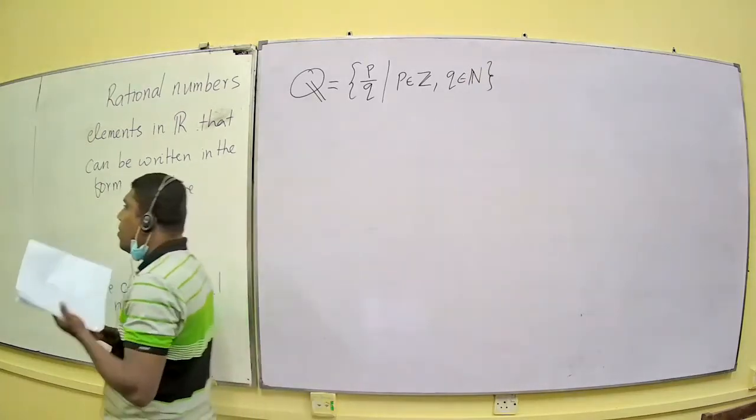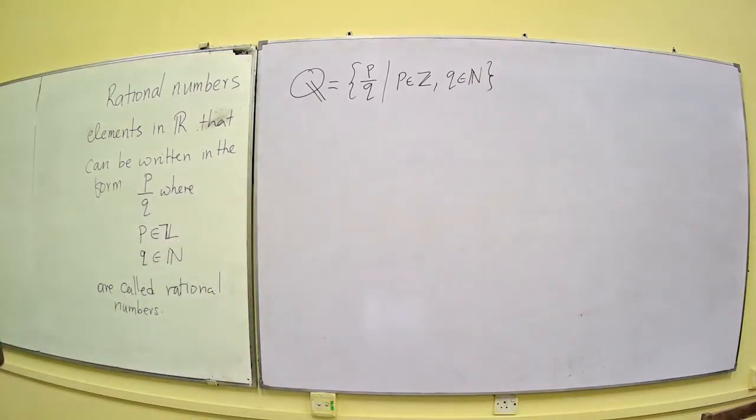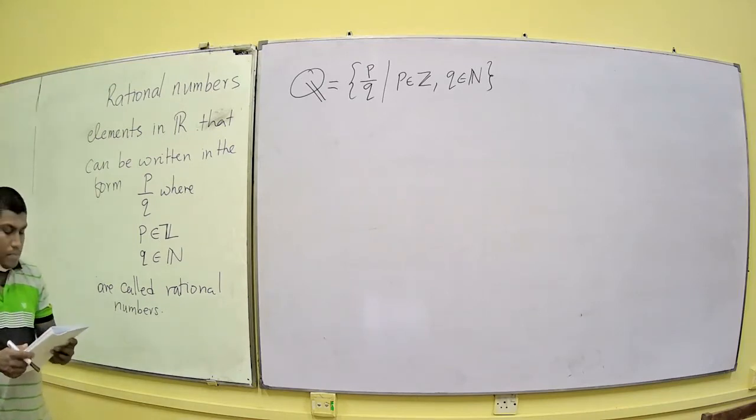Capital Q with a line there is the notation for rational numbers. That means any number that can be written in the form P upon Q for P an integer and Q a natural number. That's how we define rational numbers.